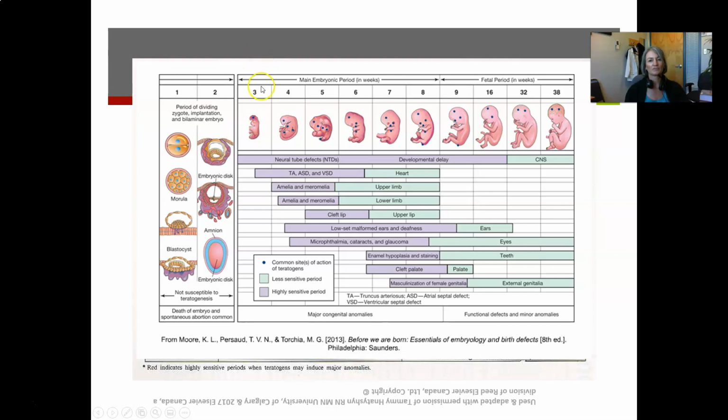And then as we move through the main embryonic period, we need to be thinking about what's developing during this period of time. So what part of the body is being developed? This kind of shows you different areas. And then when are they most susceptible? And then there's a fetal period. And when are they sensitive to teratogens?